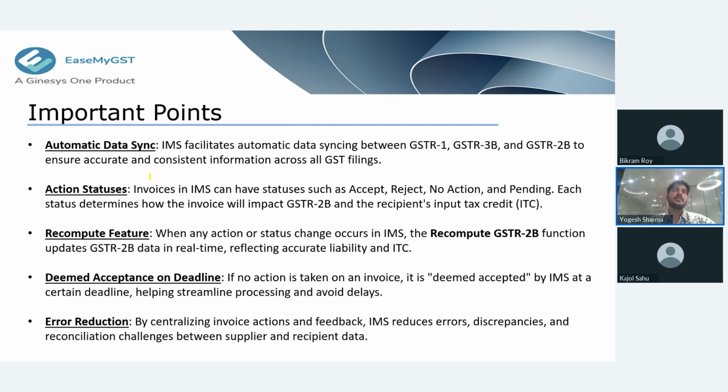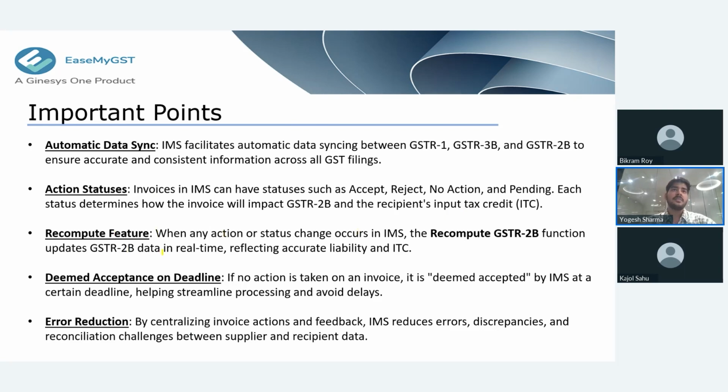If you accept an invoice, it will be available in your ITC available section. And if you reject an invoice, it will be available in your ITC rejected invoices. So this is how you can take action on the IMS. The third important point is the recompute feature.